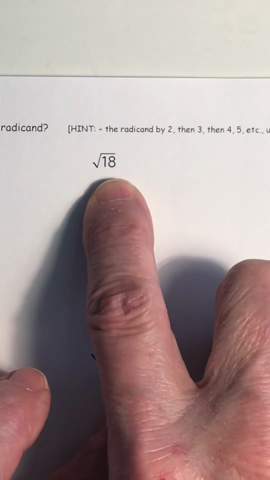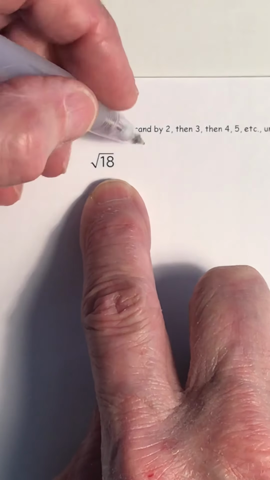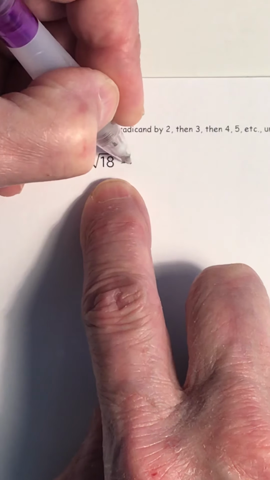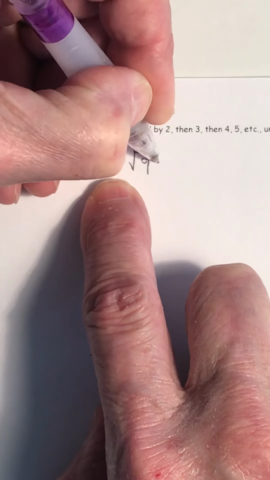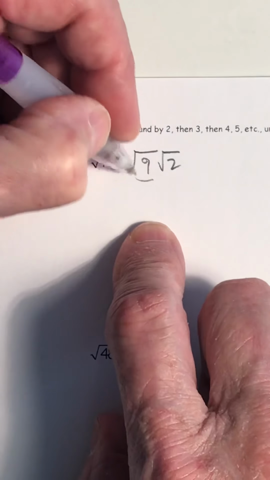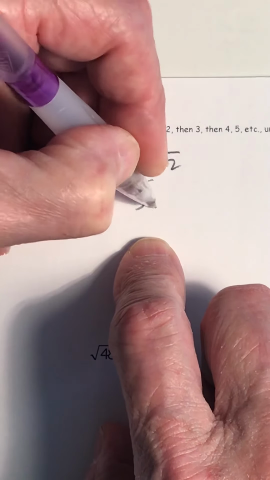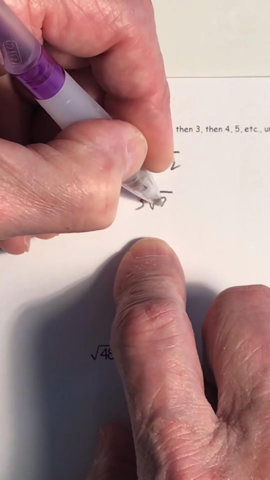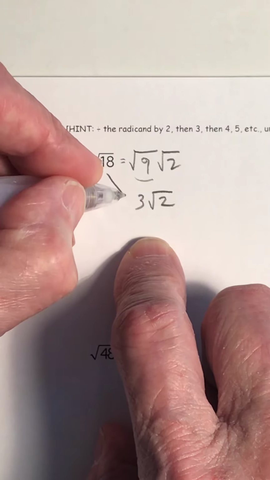Moving over here, 18 is not a perfect square. 18 divided by 2 is 9. 9 is a perfect square, so I'll break that up like so, 9 times 2. This changes to its exact equivalent, a plain old number 3.